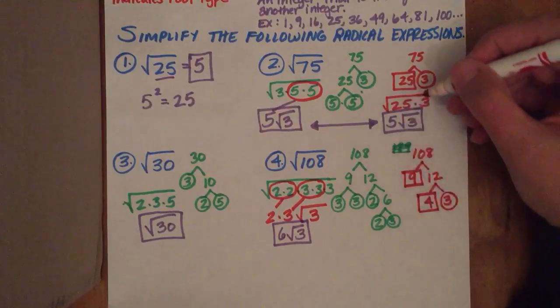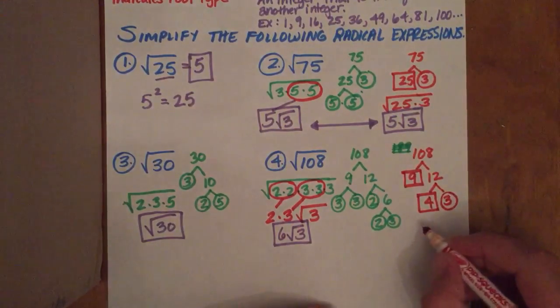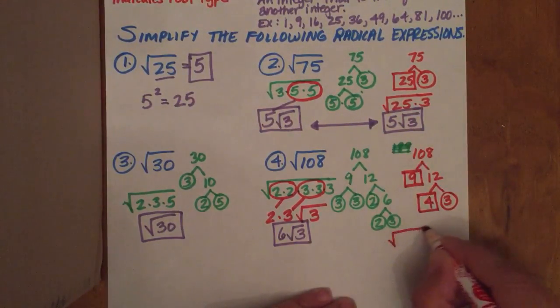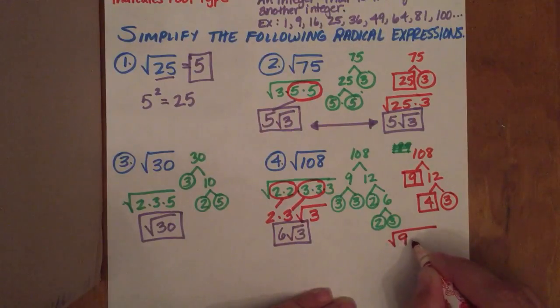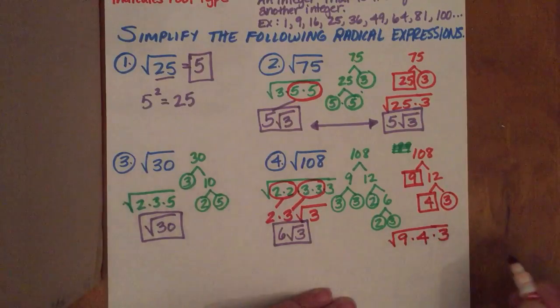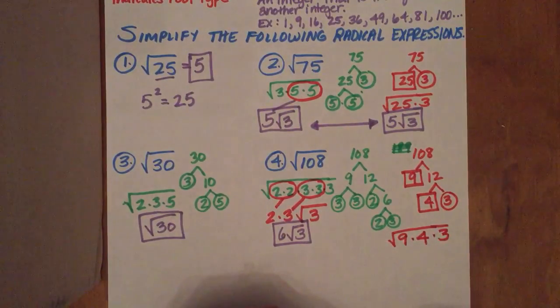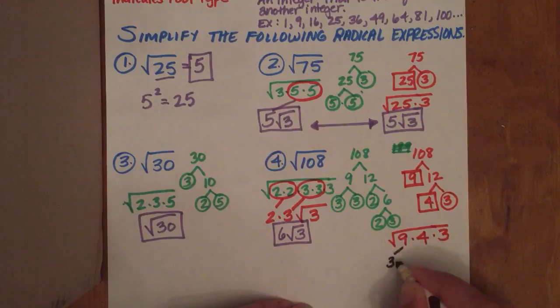So now I'm going to use the perfect square principle to get the same answer. This is the same thing as writing the square root of 9 times the square root of 4 times the square root of 3. And we know that the square root of 9 is 3, so I can bring that out.